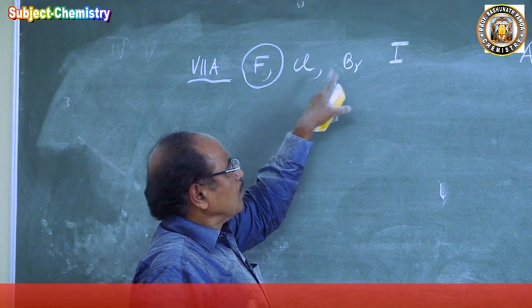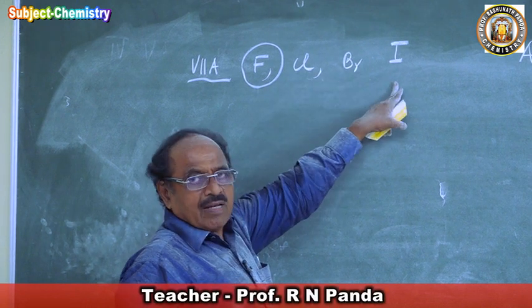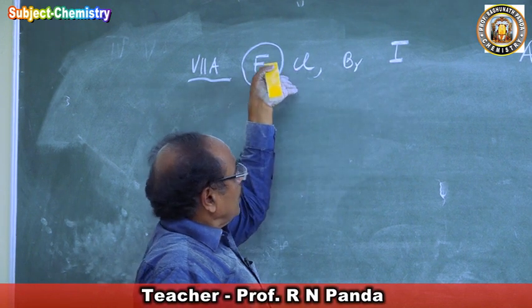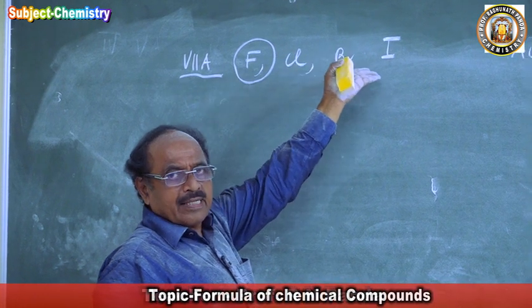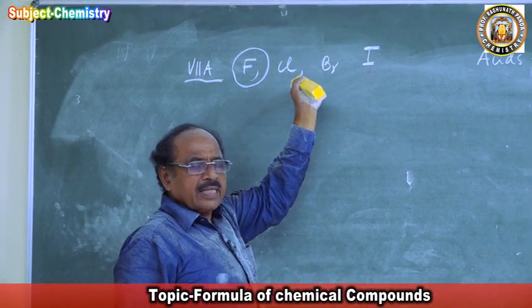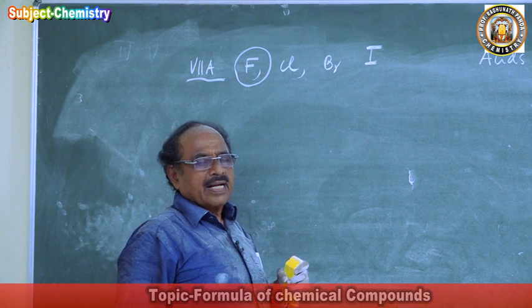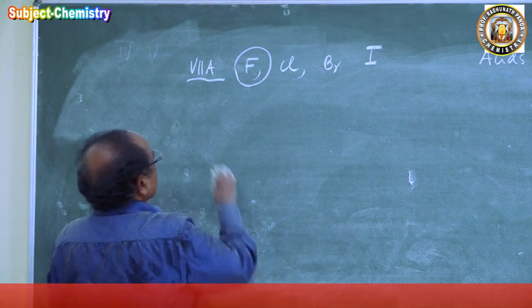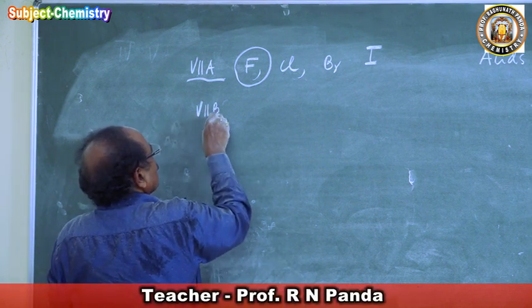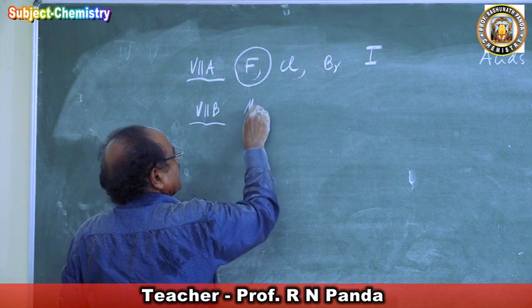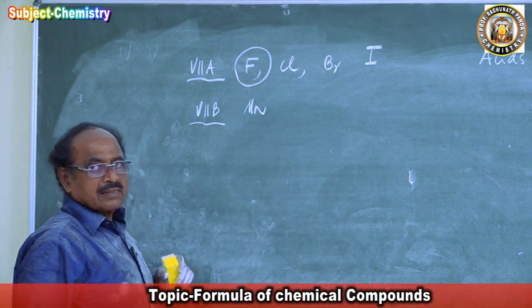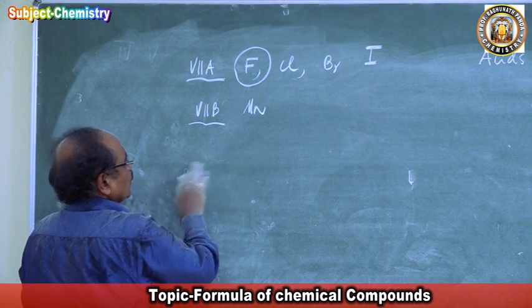Chlorine will form, bromine will form, iodine will form. Whatever chlorine will do, bromine and iodine will do. You will write only for chlorine, and then you can write for bromine and iodine at home. Then 7B, I told you the element is manganese. I wrote the radical. So let us write it for chlorine.